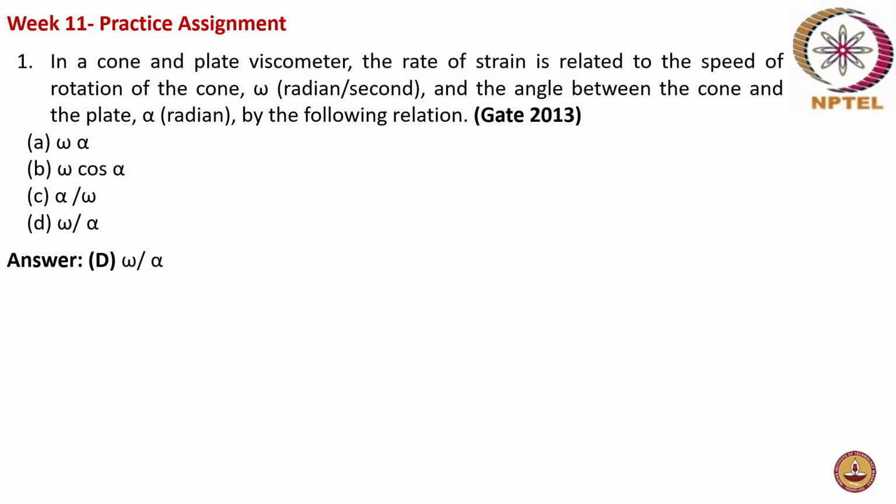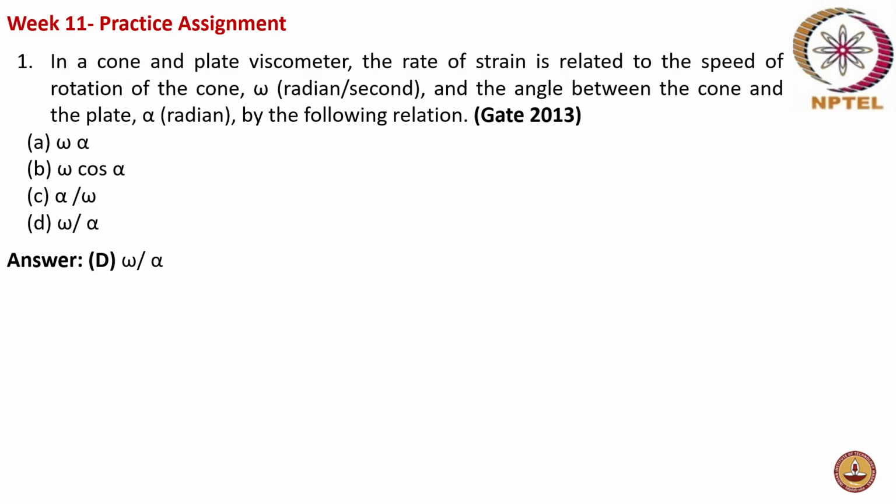So the answer is option D. The rate of strain is related as omega by alpha. That is, it is the speed of rotation of the cone omega divided by the angle between the cone and the plate alpha. How can you arrive at this without knowing the background? If you know the unit of rate of strain, the unit is second inverse, right?